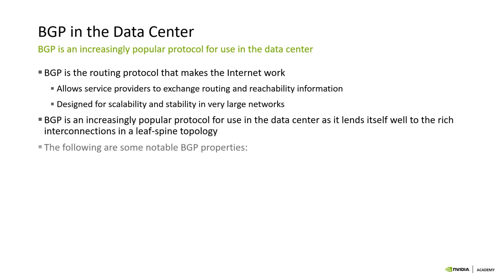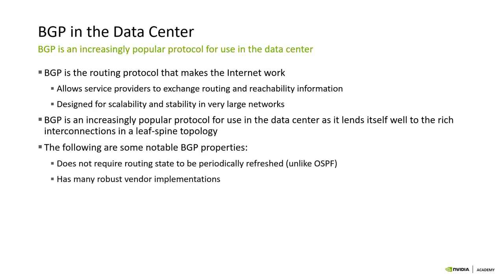The following are some notable BGP properties. BGP does not require a routing state to be periodically refreshed, unlike OSPF. It has many robust vendor implementations. BGP is a thoroughly tried and tested protocol that comes with years of operational experience.